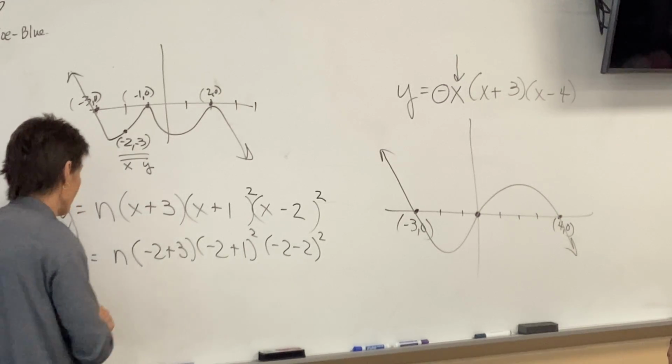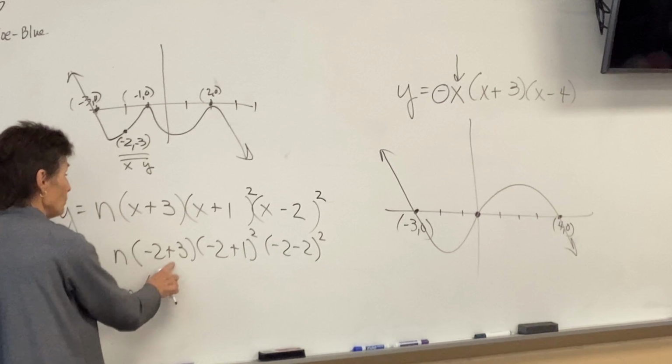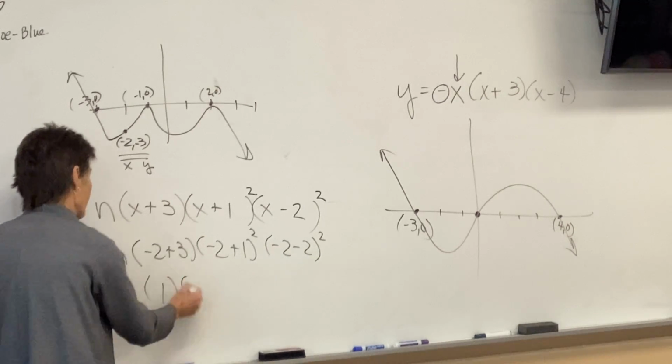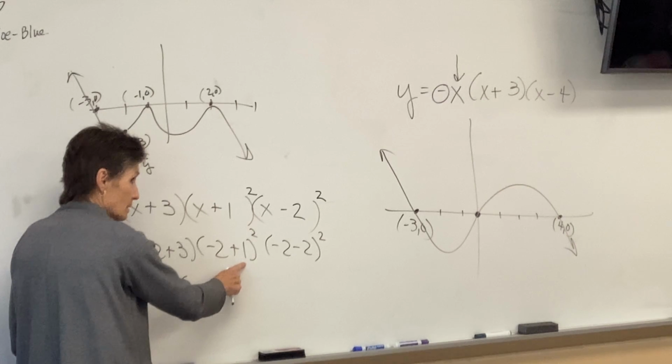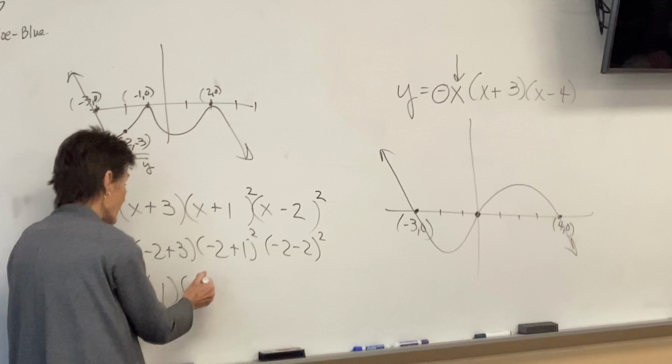Now I do the math. Negative 2 plus 3. Negative 2 plus 1 is negative 1, but it is squared, so it's 1.